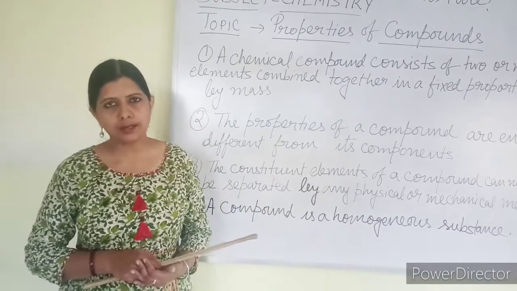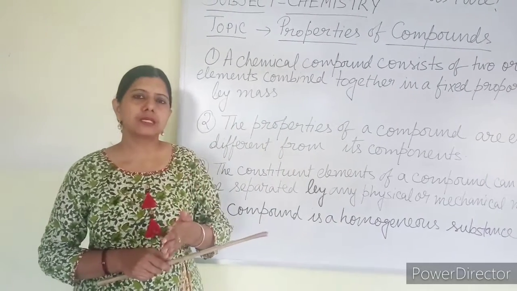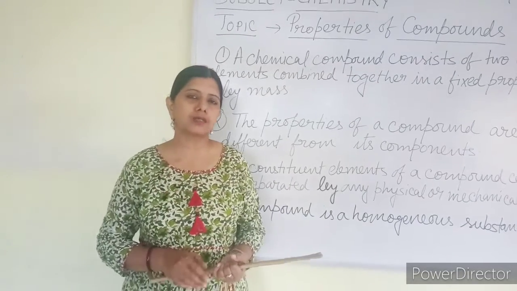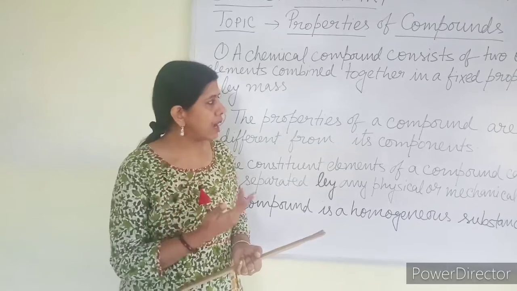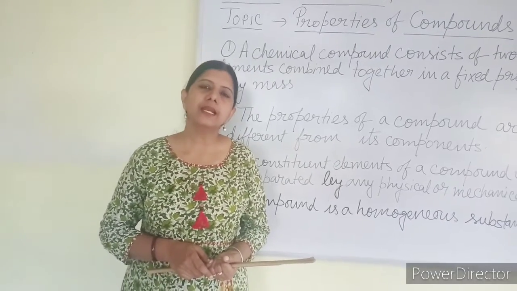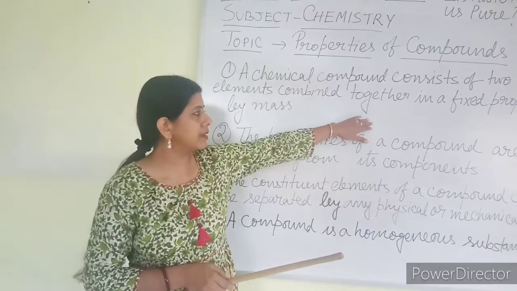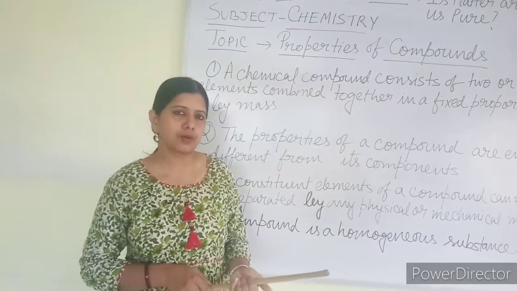In case of water, hydrogen and oxygen always combine in the ratio 1:8 by mass. So this is one example I have taken. In case of any compound, the ratio is going to be fixed. This is the first property of a chemical compound.